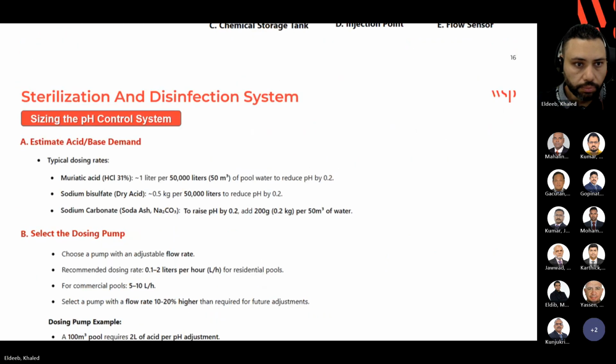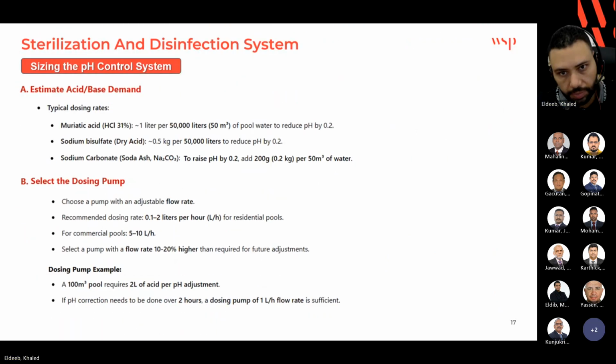So next one. As we just explained, we are using acid or base solutions to reduce or increase the pH levels. It happens by using specific chemical solutions, so we need to remember this.